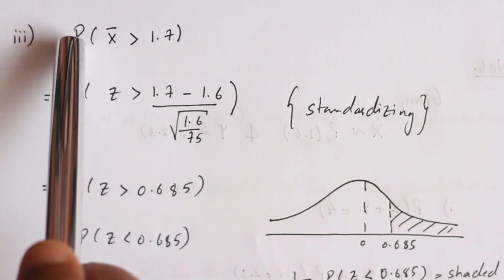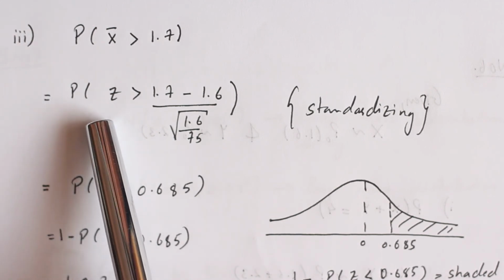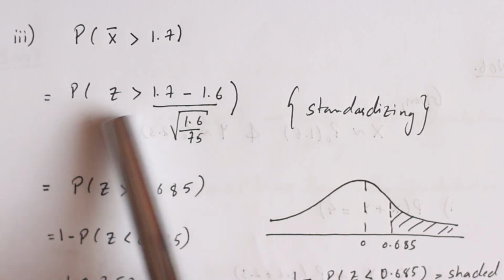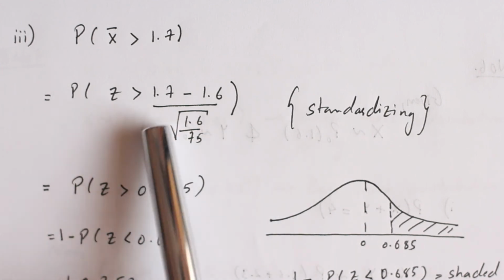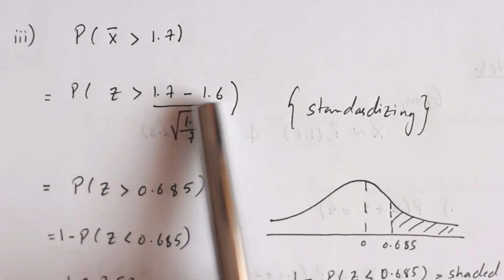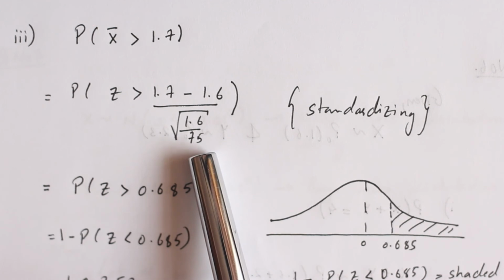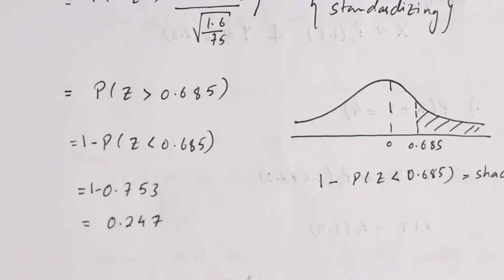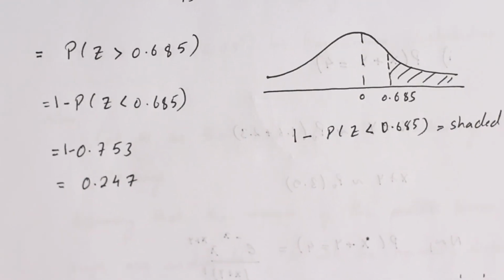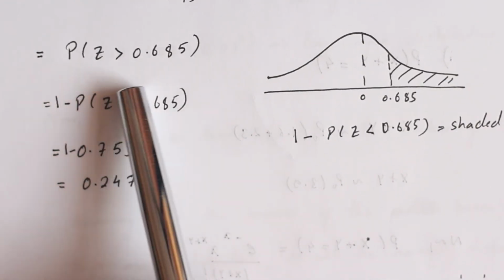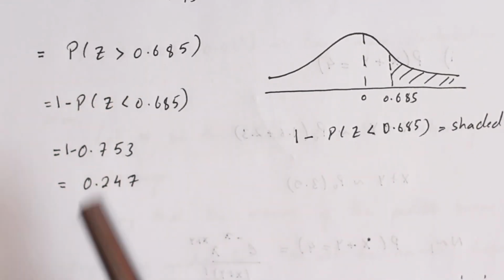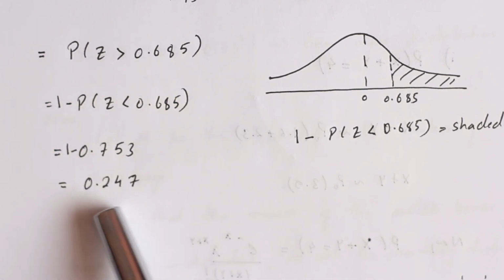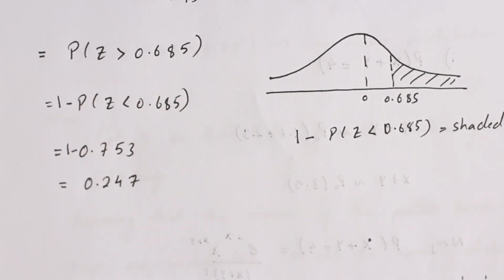Which means in this case you take it into standard variable Z and then you use the formula here: X bar minus the mean, over the standard deviation. After you standardize you get P(Z is greater than 0.685). Solve it and then you get 0.247.